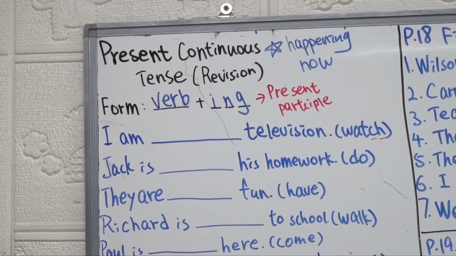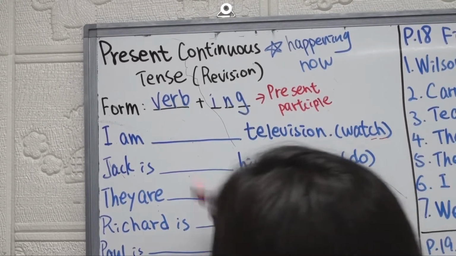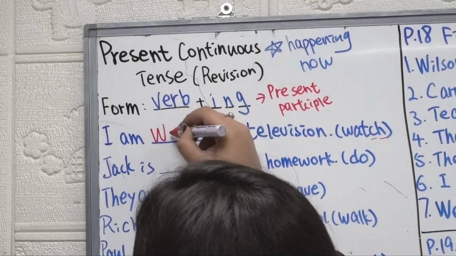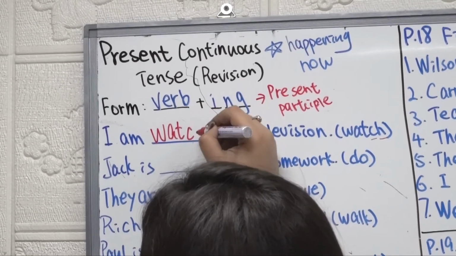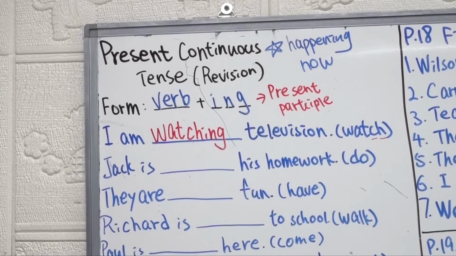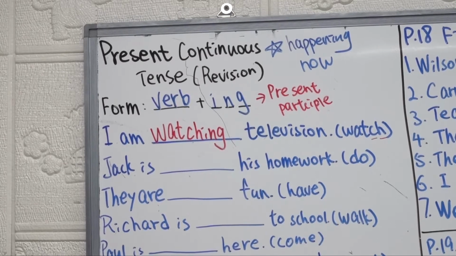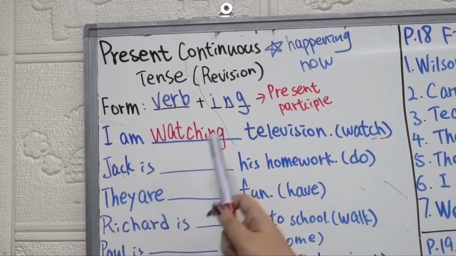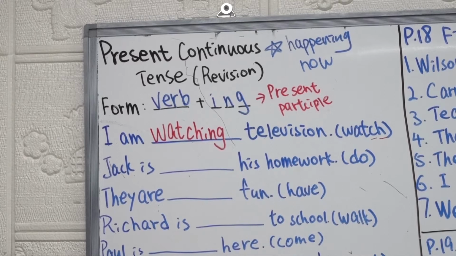Anything special? No. So watch becomes watching. We just add normal ing. I am watching television. If I use present participle, it tells us that something is happening now. I am watching television.